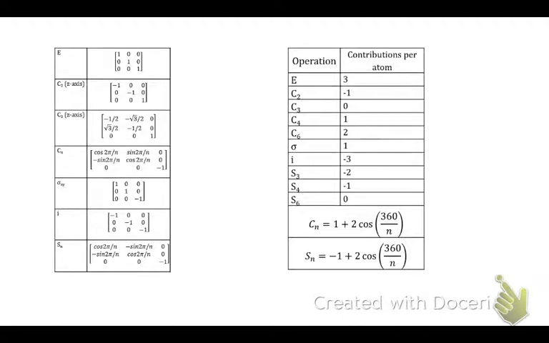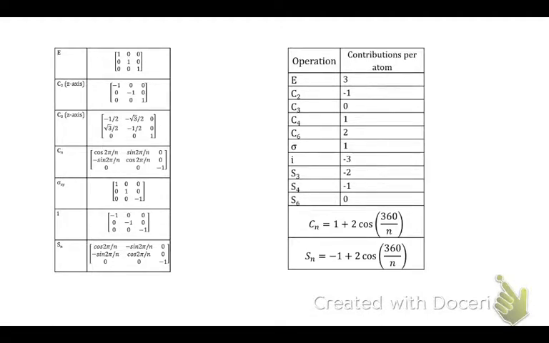But if you do a C2 around the z-axis, the z-axis still points in the same direction, but think about doing a C2, 180 degrees around the z-axis. The x and y now point in the opposite direction, so they're given negative ones in that matrix.